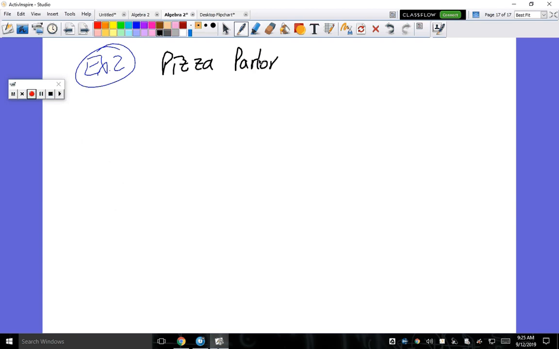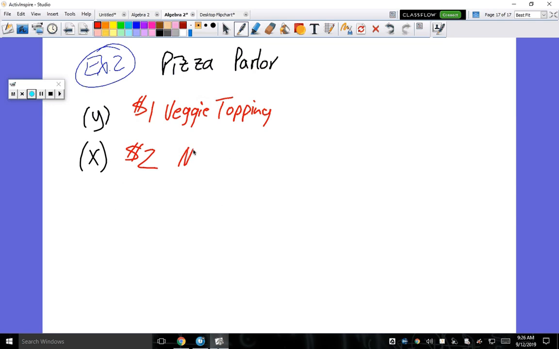I'm going to have two variables. I'm going to have y, that represents $1 for veggie toppings, and an x variable that represents $2 for each topping that are meat toppings.